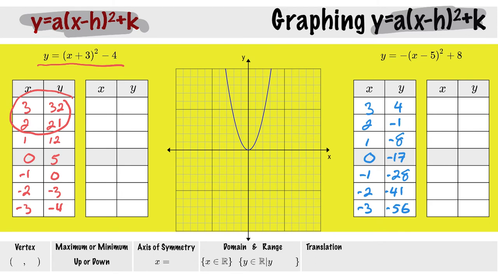So what I haven't explained yet is that the vertex, that middle value in the formula, is denoted by h and k. So in our initial positive example, the vertex is negative 3, negative 4. And in my negative example, the vertex is 5 and 8.